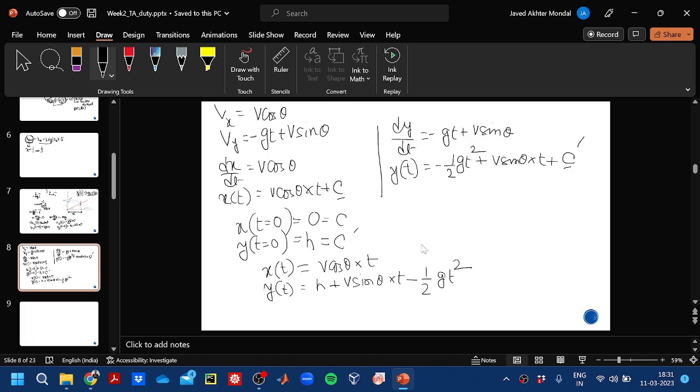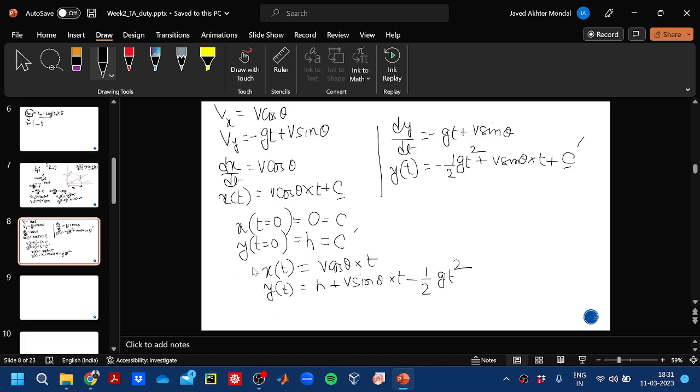So this is our x and y equation. So from the first one we can write t. So we have to eliminate t. So t is x by v cosine theta. So if we put t in this equation, then we will get the relation between x and y.